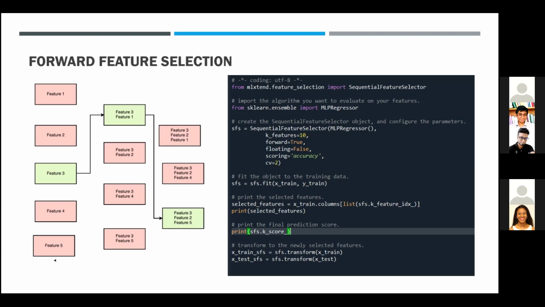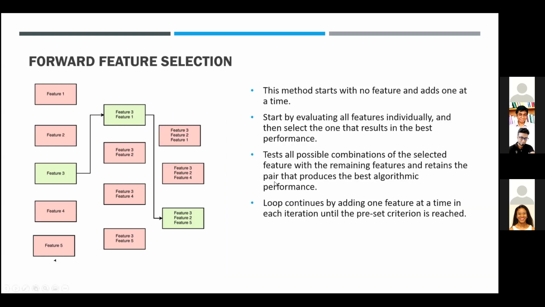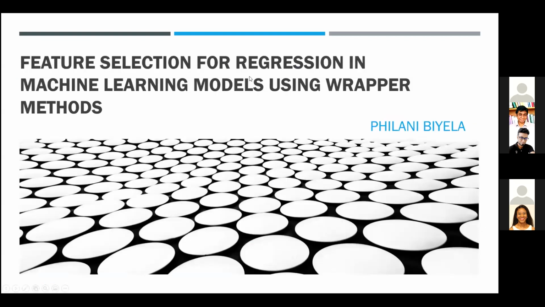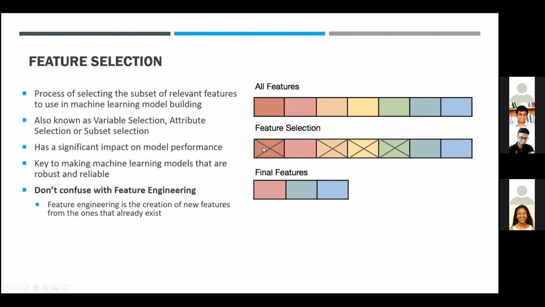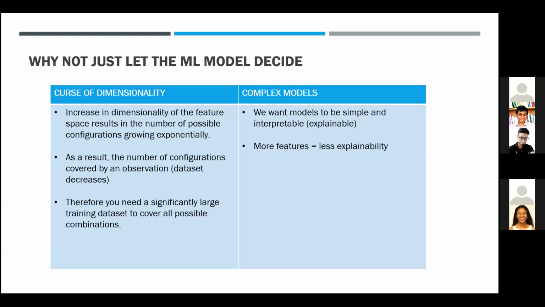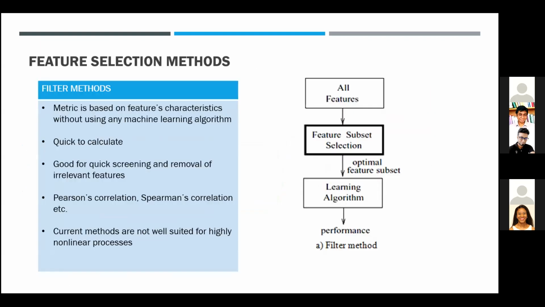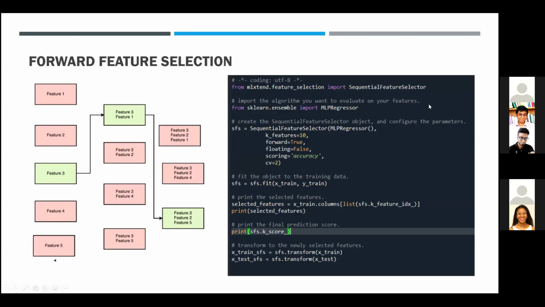Okay. Yeah, for this presentation, I focused more on the regression side. That was where I did my research mainly. But yes, for classification, there are more efficient methods. There are even more efficient filter methods compared to regression.